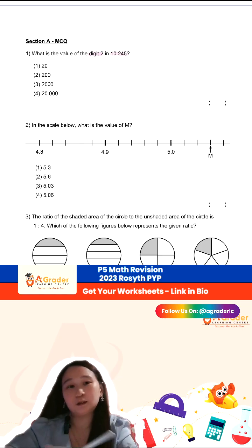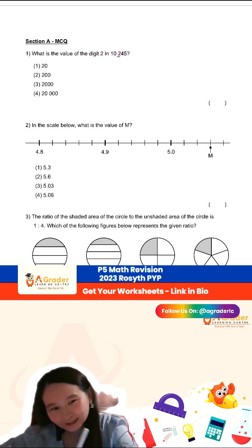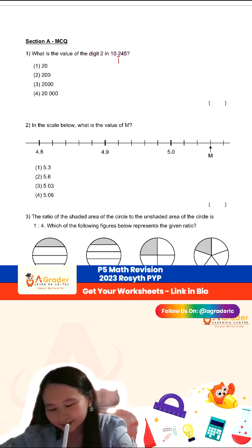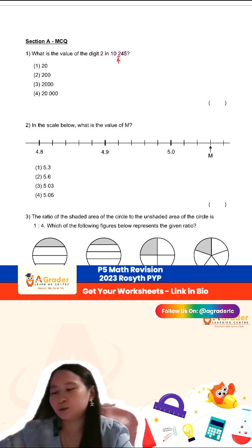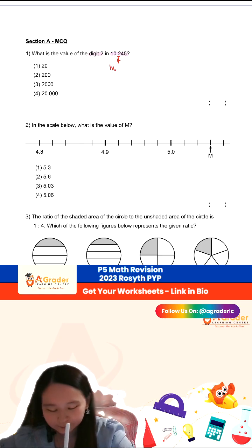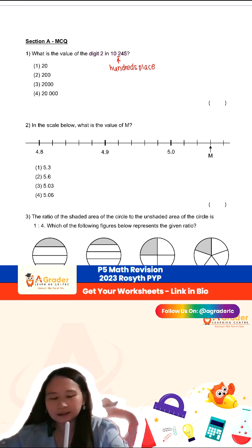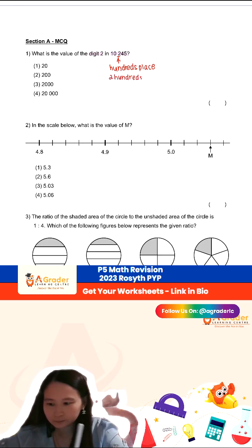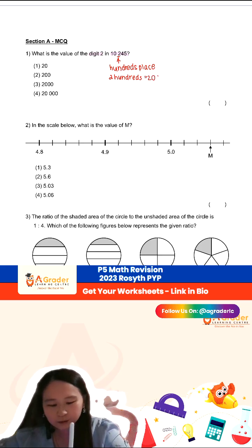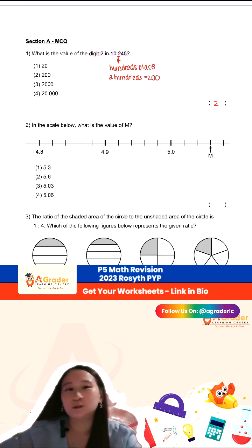So we look at where is the digit 2. I see many of you got the answer correct. So the digit 2 is in the hundreds place. So this means that this is 200. So the answer is just option number 2.